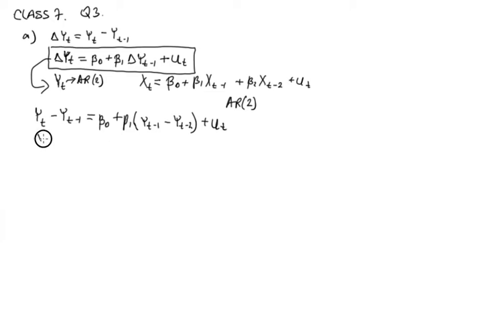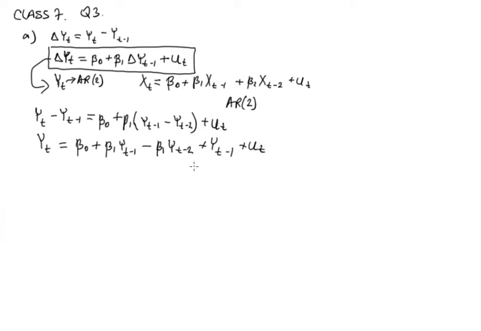Now let's leave yt here, and that's what we are solving for. We add yt minus 1 on both sides of the equation, which gives us this result. Expand the bracket: yt equals beta 0 plus beta 1 yt minus 1 minus beta 1 yt minus 2 plus yt minus 1 plus ut.